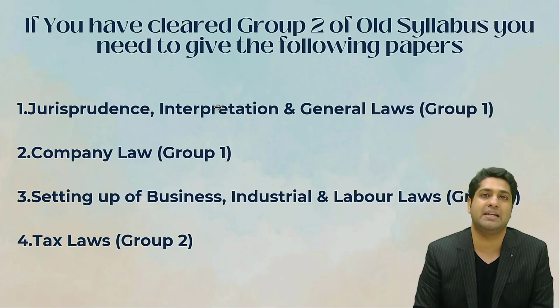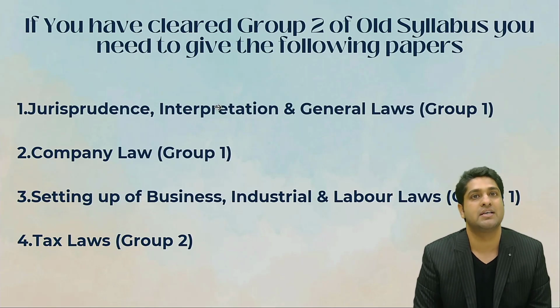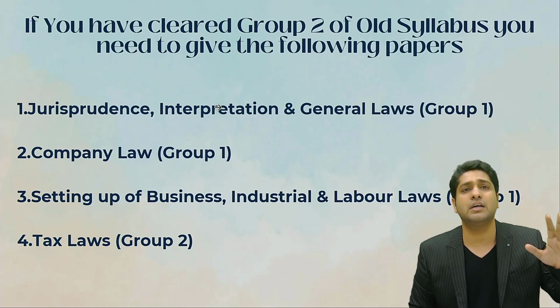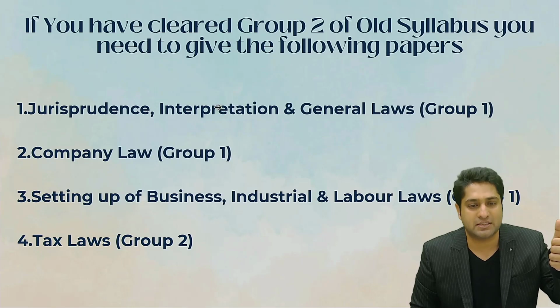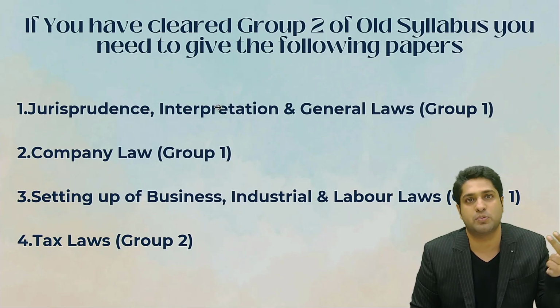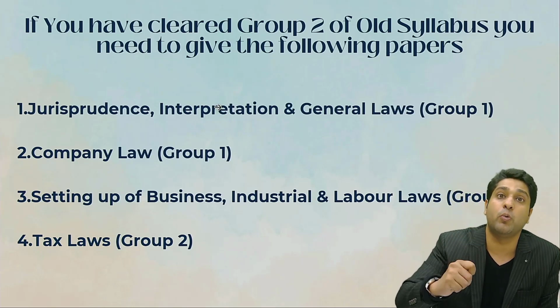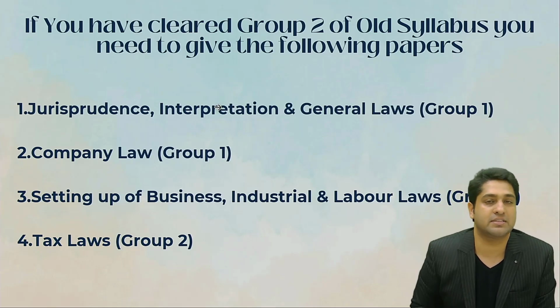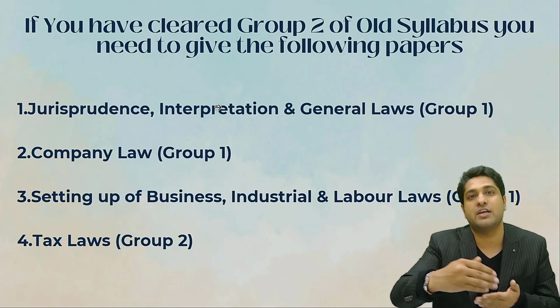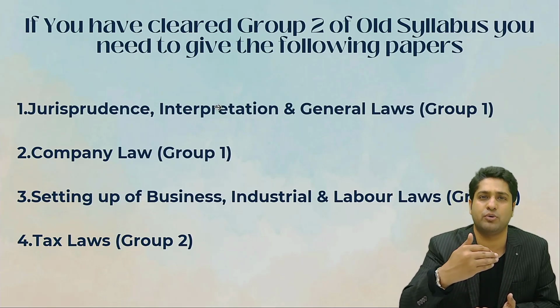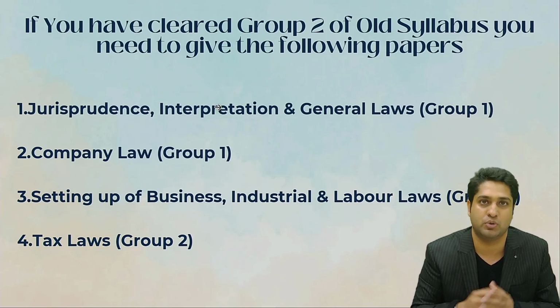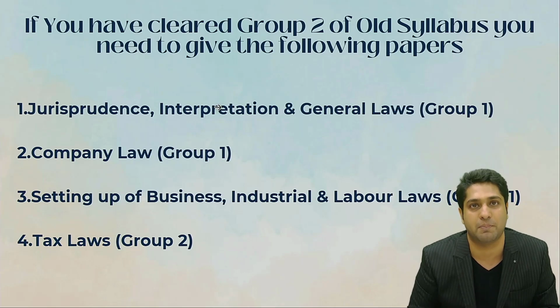But there is a big catch which students don't realize, that the group 1, the first 3 papers, that is company law, setting up and jurisprudence, are in group 1 of new syllabus. So when you're giving all the 3 papers, average can be counted, that is you will have to get 150 in these 3 papers to clear these 3 papers.